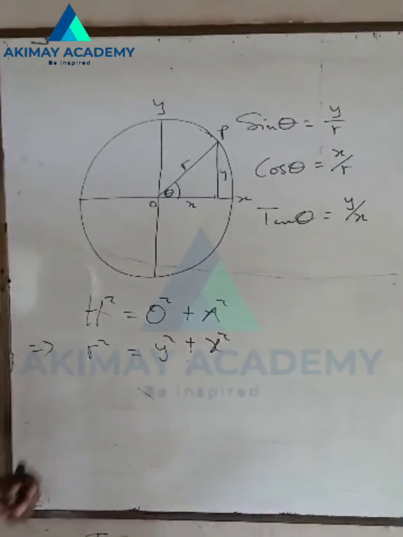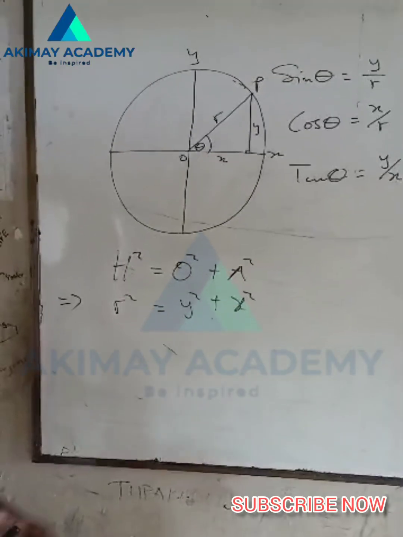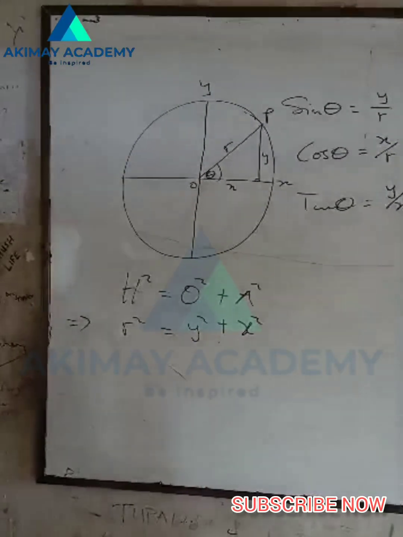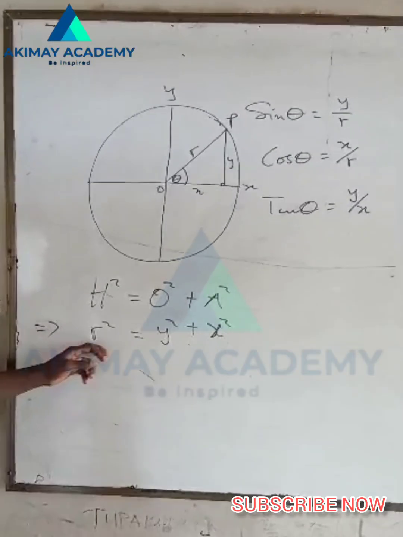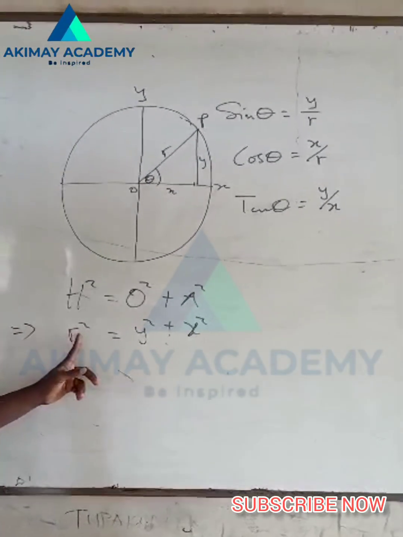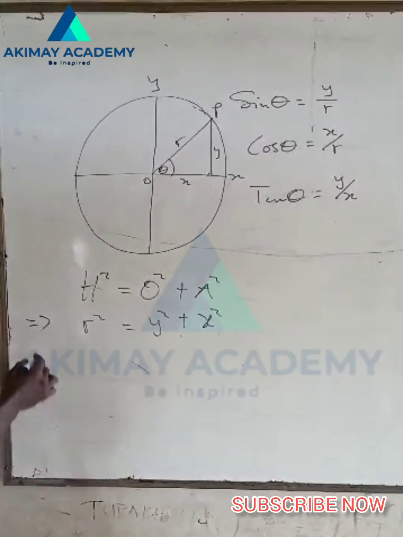Now here, last time we looked at how, when we're proving sin squared theta plus cos squared theta to be equal to 1, we divided through by r squared. Let's try and divide through by y squared and see what happens.